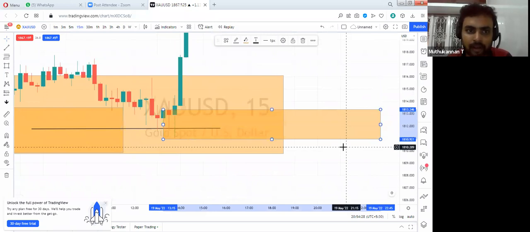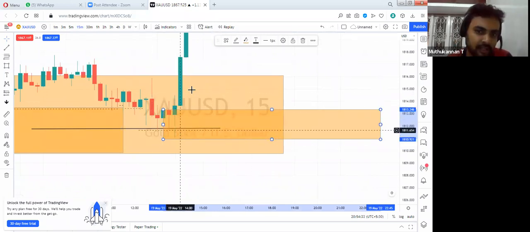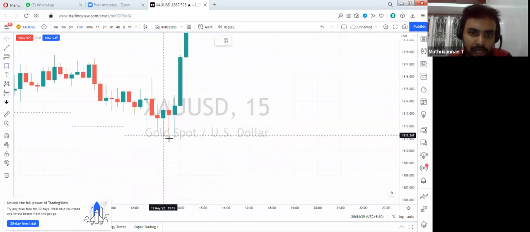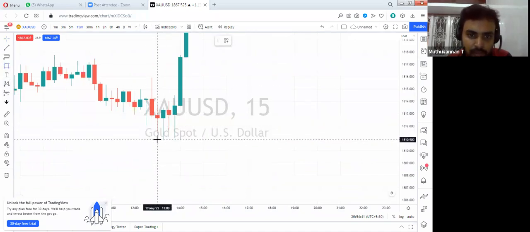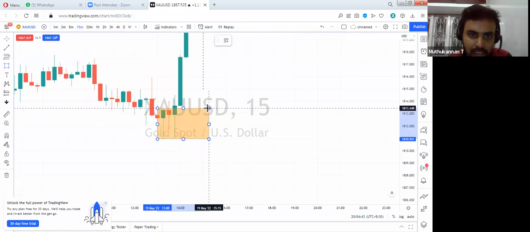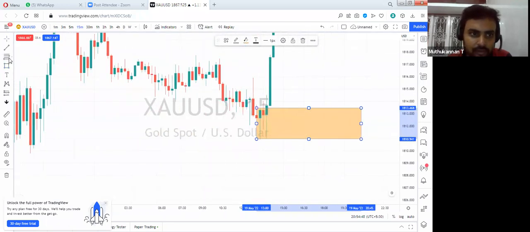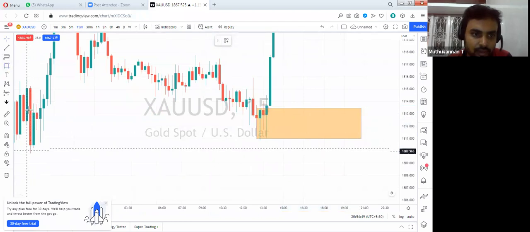Okay, or I'll give you one small hack. Here, which one is my swing point? This is my swing point, right? Or this is my swing point. Just mark only the swing points. Here, which is my swing point?